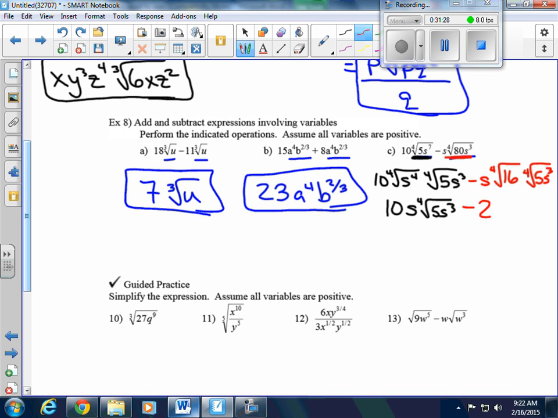So this is going to be minus 2s, and the 4th root of 5s cubed. And if we look at this now, those are the same. I have 10 s times 4th roots of 5s cubed minus 2 s times 4th roots of 5s cubed. So we have an answer of 8s 4th roots of 5s cubed.